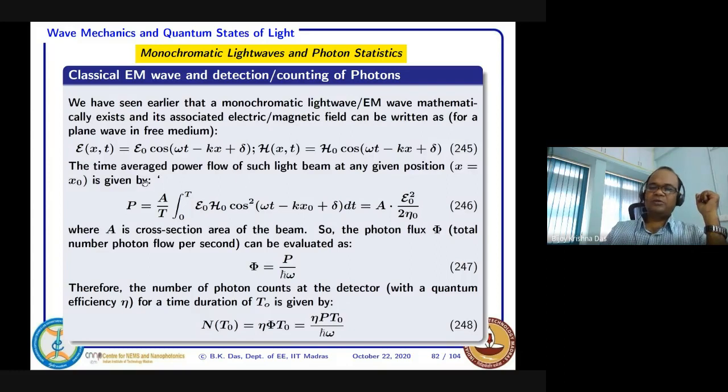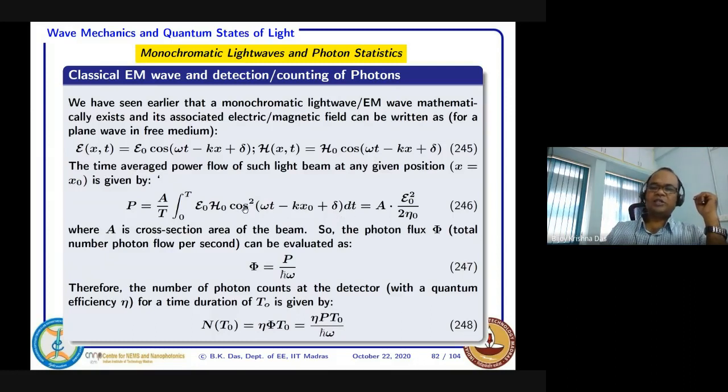And you try to find out the time average flow of power. How can we get it? We have E, we have H, E cross H. One is along the y direction and another is along the z direction, E cross H at 90 degrees, and obviously sine 90 is 1. So E naught, H naught, you have cos square times this.